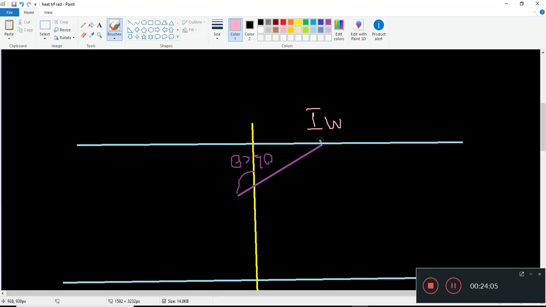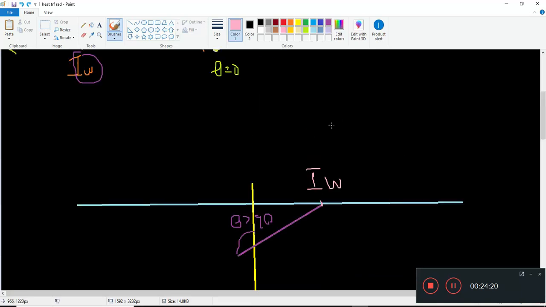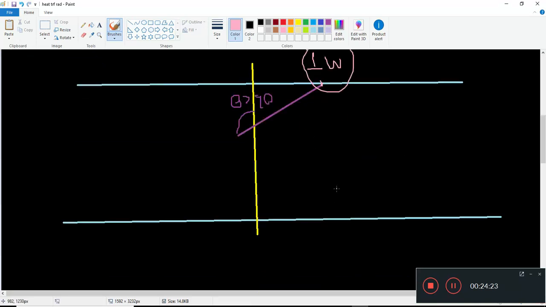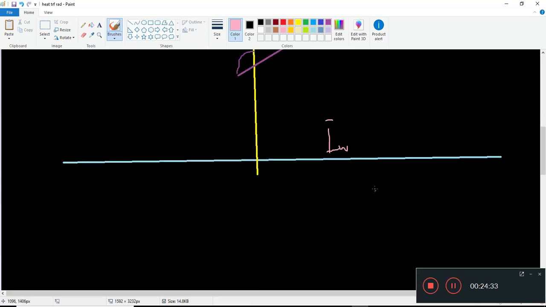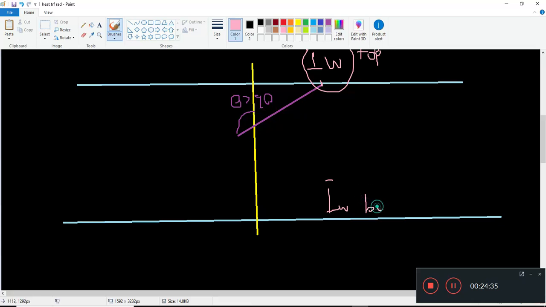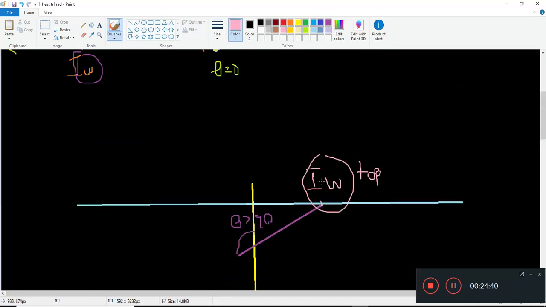It will get attenuated by this length, and the rest is pretty much similar. But I omega starts from the top, so that's a bit of a problem. Why? Because I omega at the top will not be the same as I omega from the bottom. So this is I omega from the top plate, and this is I omega at the bottom plate. And yes, that will be a problem.